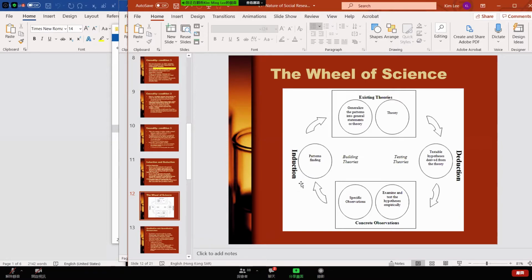You are trying to use qualitative research to compensate for the drawback of your quantitative research. The quantitative research cannot tell you why in this case. Sometimes it can tell you why, but in this case, the quantitative research only tells you whether educated people in Hong Kong are more likely to join the movement, but you find out that some educated people didn't join, and you want to know why.